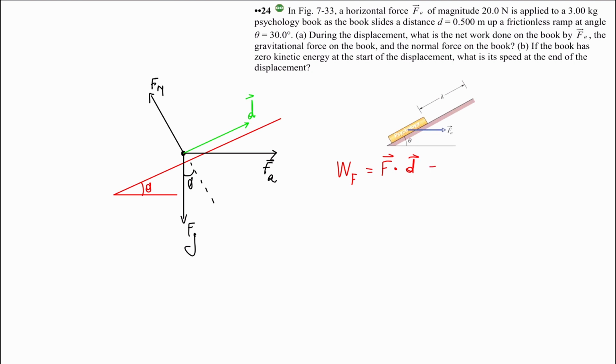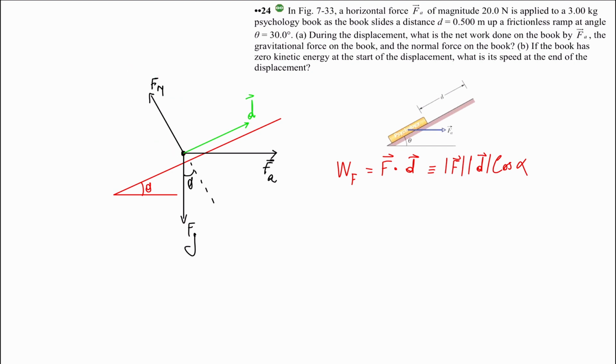But remember that this is also equivalent to the magnitude of the displacement vector times the magnitude of the force times cosine of alpha, where alpha is the angle between the force in question and the displacement the object undergoes.